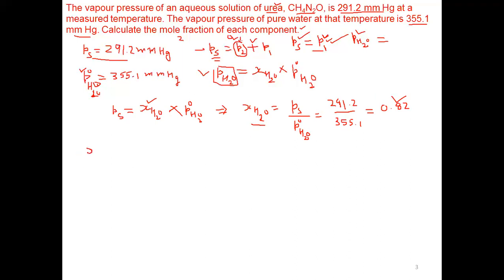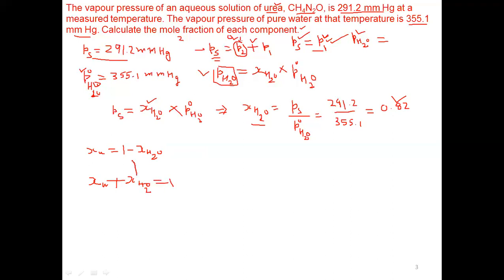So mole fraction of urea, we can represent it by U. It can easily be calculated by 1 minus mole fraction of water. We don't need a formula, because we know that for a two component system, mole fraction of urea plus mole fraction of water is equal to 1.